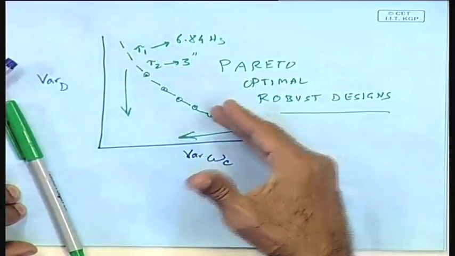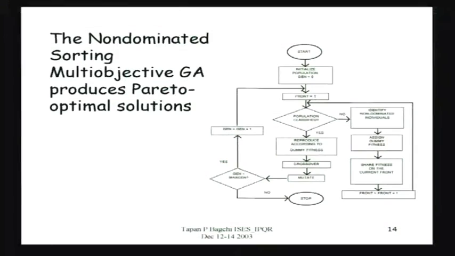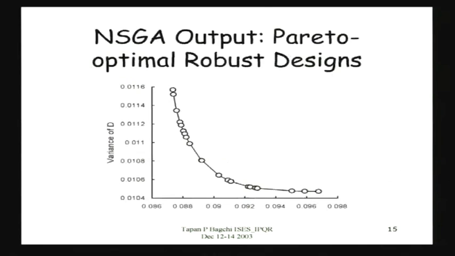These are the designs that are Pareto optimal designs, and let me just show you what they look like. This is the logic of the genetic algorithm, the multi-objective GA, that actually produces the Pareto optimal solutions. And when you look at the solution, they turn out to be like this. These are the best designs as far as meeting the target is concerned.